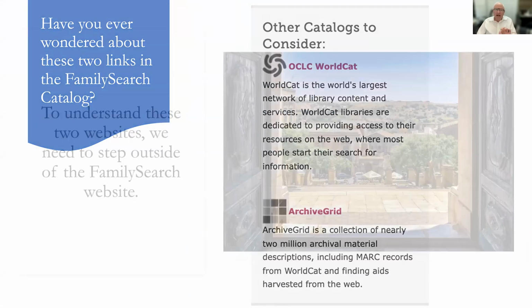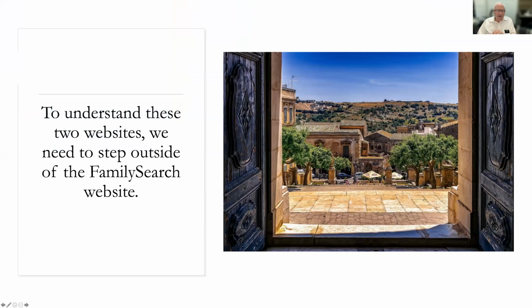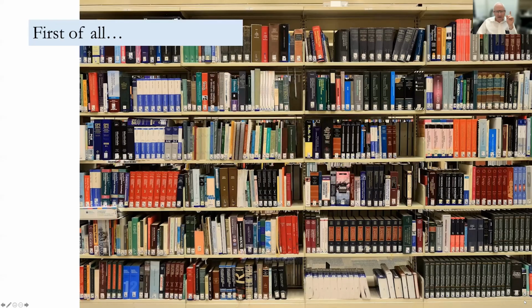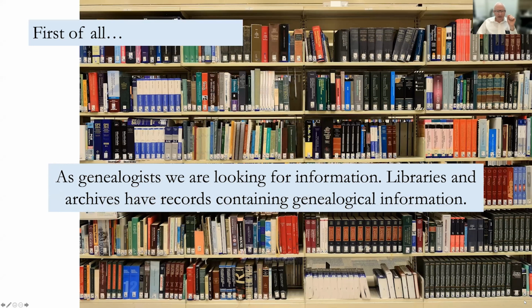But in order to understand these two websites, we have to step outside of the FamilySearch website, get completely out, and talk about catalogs in general. As genealogists, we're looking for information.